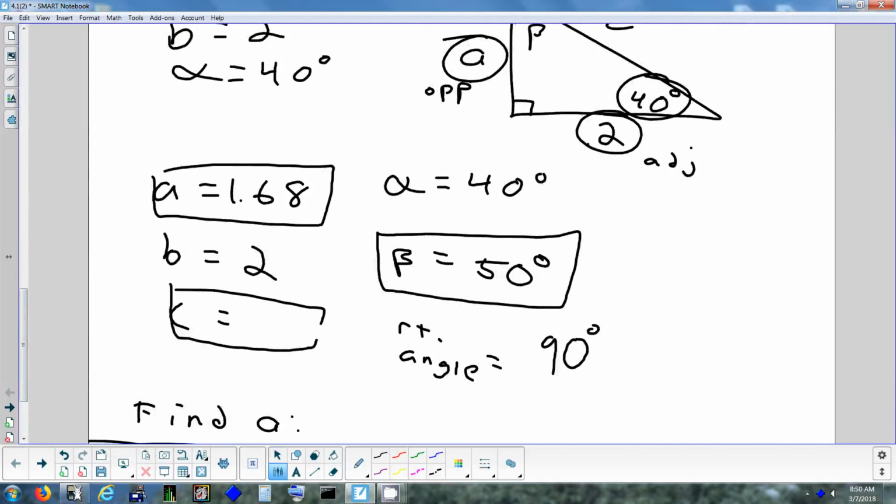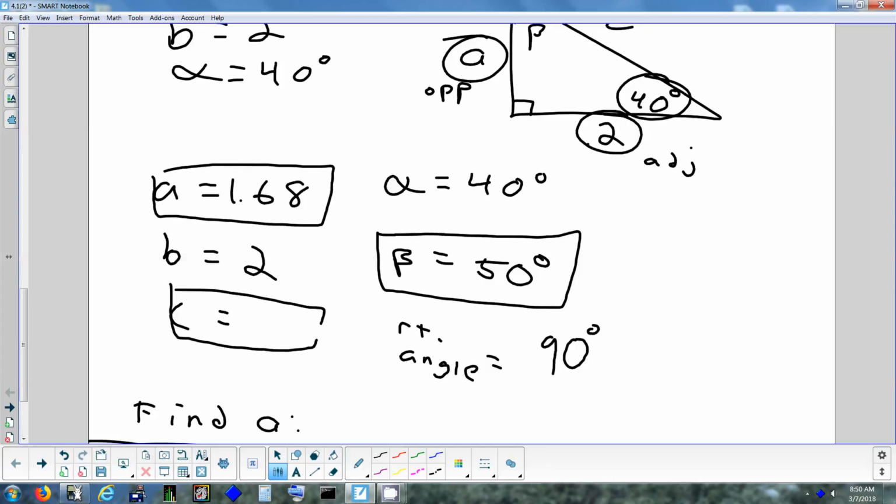Okay, now we have 2 out of 3 sides. What theorem could I use to find the third side? Because this is a right triangle. Brianna, did you say theorem? Yeah, the Pythagorean Theorem. We could use it, but why do you think I'm going to tell you that's not the best idea?